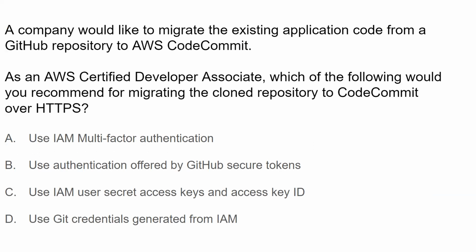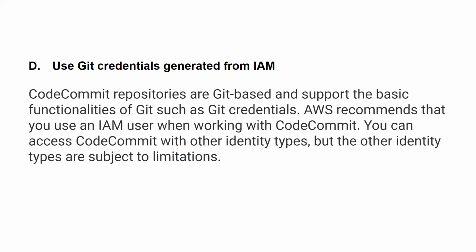A, use IAM multi-factor authentication. B, use authentication offered by GitHub secure tokens. C, use IAM user secret access keys and access key ID. D, use Git credentials generated from IAM. Okay, D, use Git credentials generated from IAM.